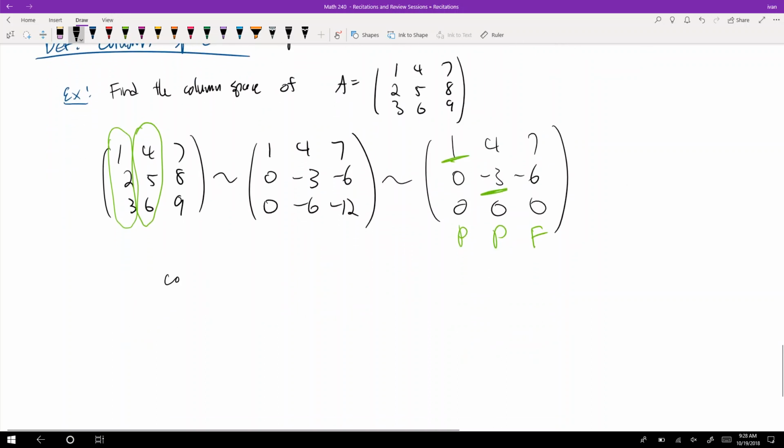And we're going to see that the column space of A is equal to the span of 1, 2, 3, and 4, 5, 6.